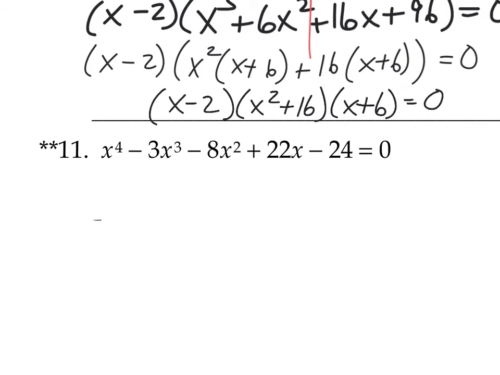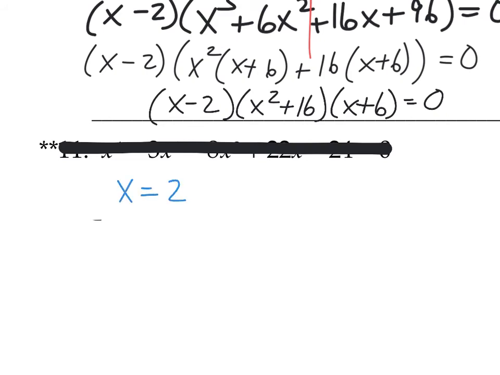Now I'm going to solve each of those factors independently. Let's just pretend that this isn't here so it doesn't mess us up. So I know my first solution is going to be x equals 2. I knew that from the graph, but I can also verify that in factored form. I know that when I have x plus 6 as my factor, my solution will be negative 6. And then for this problem, it's probably worth it to write it out and go through the process.